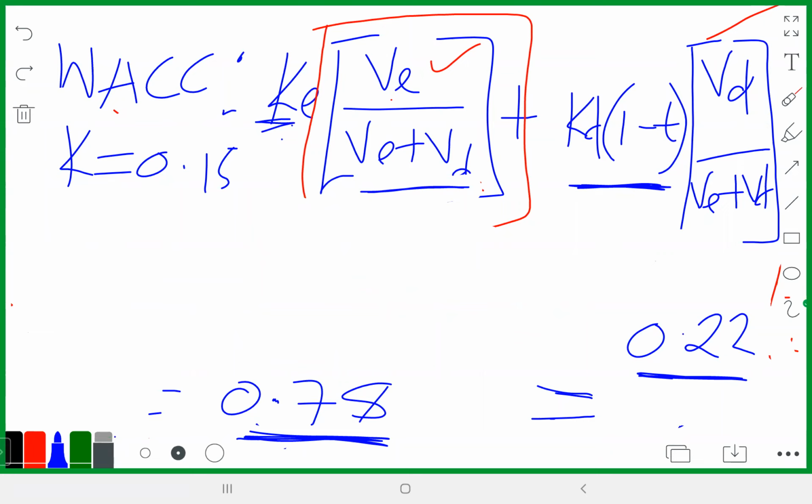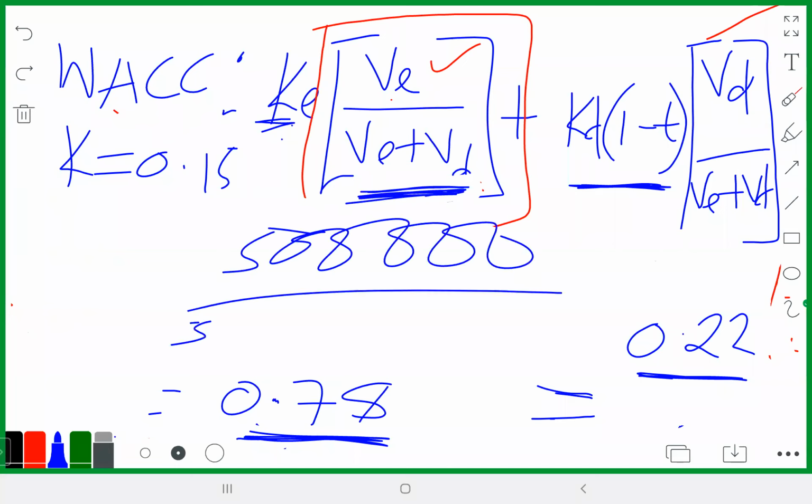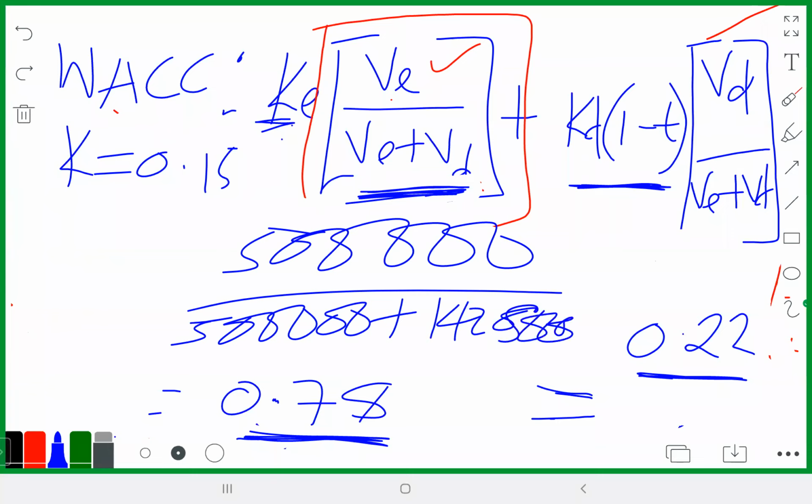We were finding the market weight of equity: the value of equity divided by the value of equity plus the value of debt. We are trying to find this part. This one, yes, thank you.